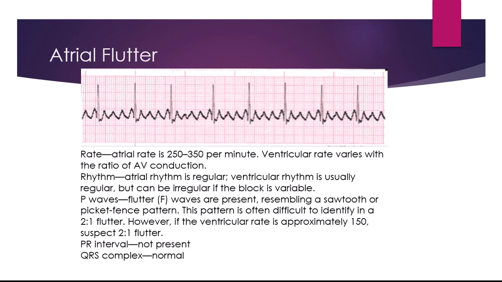If you can tell me the ratio between flutter waves and QRSs, and you are correct, then I will give you half of the point value for that particular question. So if I give you 50 and this is 2 points, then I'll give you another point on that. What would you say is the conduction ratio of flutter waves to QRS complexes?